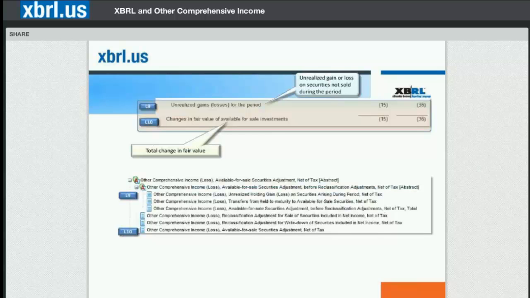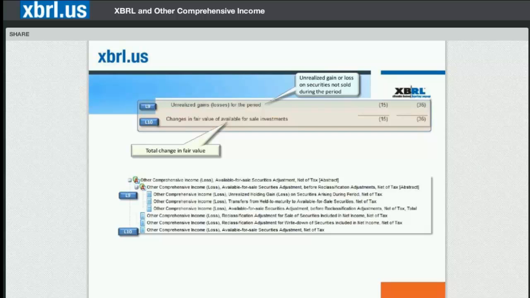Note that this disclosure reports two net of tax amounts for AFS securities that are the same value. The first amount, represented by L9 here, is the unrealized gain or loss on AFS securities that were acquired during or owned throughout the period that were not sold or written down during the period.